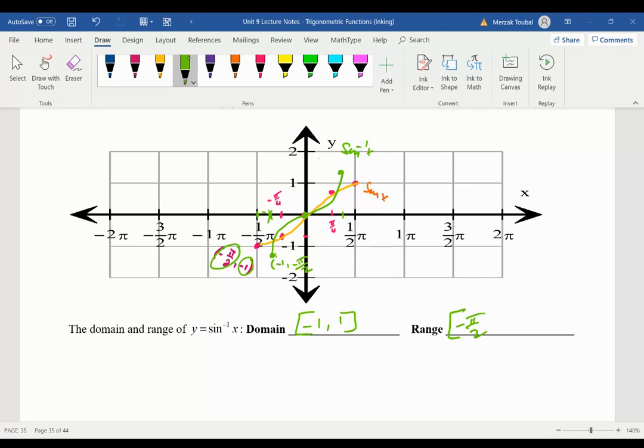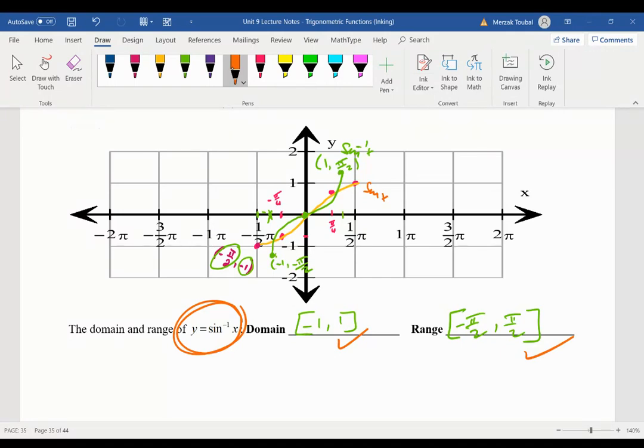And this point here, it's 1 comma pi over 2. I think this makes it more obvious. So the domain goes from negative 1 to 1, and the range goes from negative pi over 2 to pi over 2. So let's not make a mistake. This is the domain of the sine inverse, and this is the range of sine inverse, not the origin.